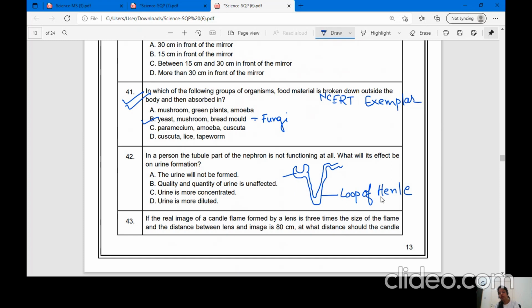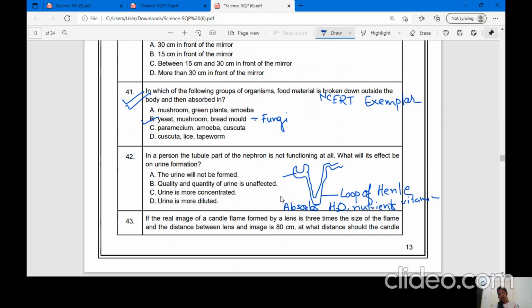So now what is the role of loop of Henle? Loop of Henle absorbs water, nutrients, vitamins. Now in the urine formation, first step is glomerular filtration that happens here in Bowman's capsule.